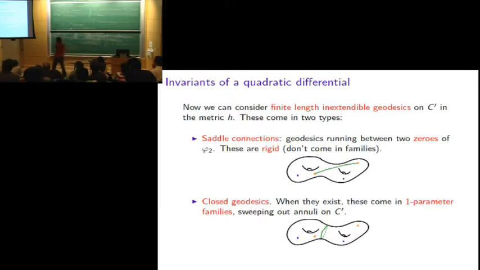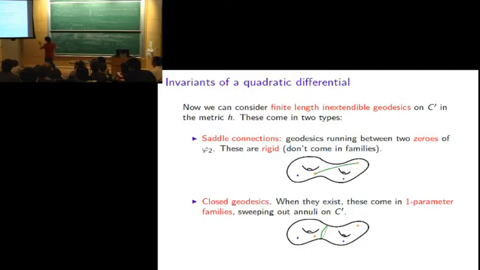Now, however, there typically are a few special trajectories. So if I have a generic trajectory, both ends of it end on these poles of phi2.